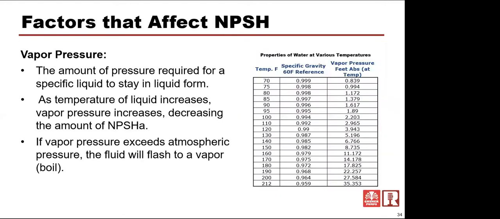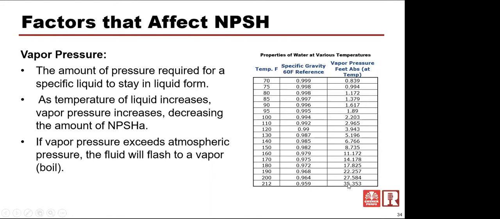This is the chart that I talked about as far as vapor pressure. This is the temperature of water, and this is based on water. It tells you what the specific gravity is, which changes a little bit as the temperature changes, because water expands a little bit as it gets closer to boiling. And then the vapor pressure in feet at that temperature. Right here at 212, we're at 35.353 feet.